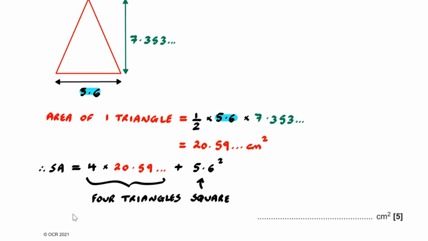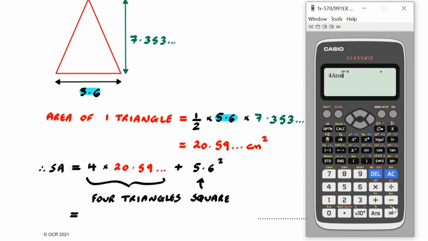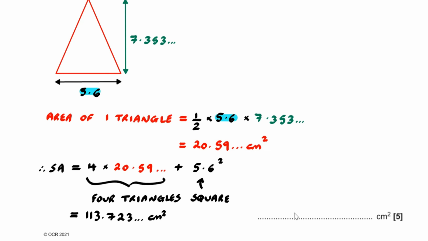So if I work out the surface area then, 4 times by this plus 5.6 squared, we get 113.723, etc. centimeters squared. So we've got 114 to 3 significant figures.